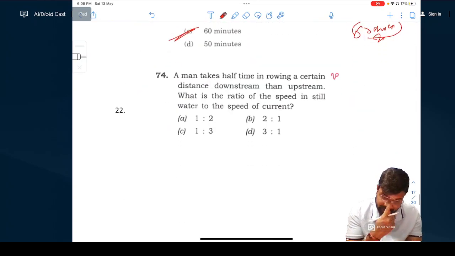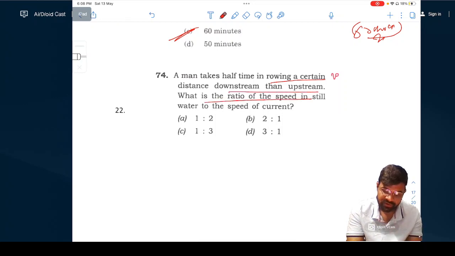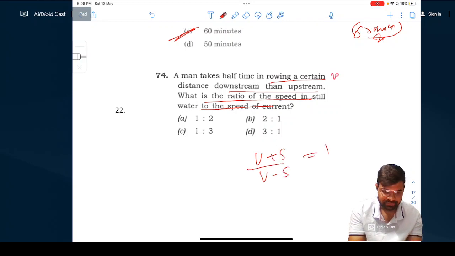A man takes half the time rowing a certain distance downstream than upstream. What is the ratio of the speed in still water to the speed of current? So the ratio of velocity is given. v plus s upon v minus s is given as 1:2, because the man takes half the time.